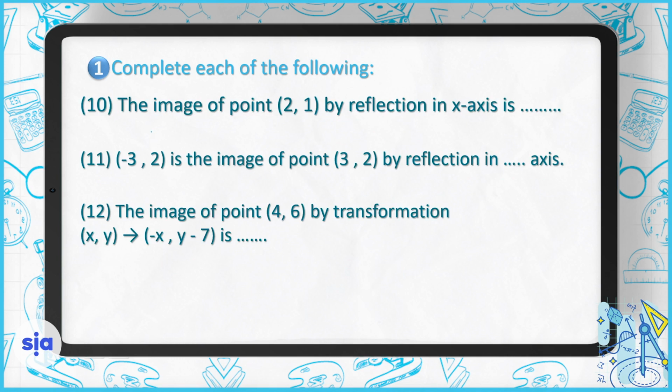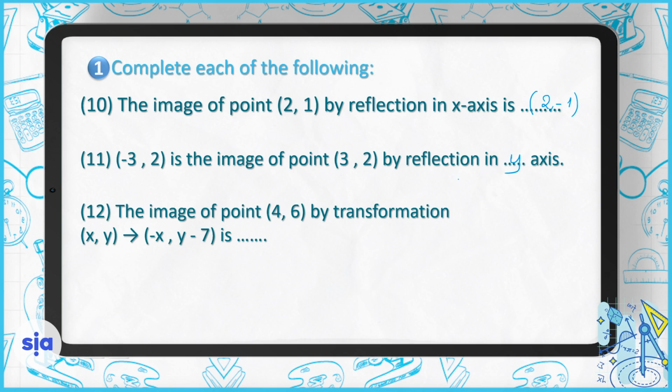The image of point 2, 1 by reflection in the x-axis is? Reflection in the x-axis, we change the sign of y, so it's 2, negative 1. Question 11. Negative 3, 2 is the image of the point 3, 2 by reflection in, here we change the sign of x, so the reflection in the y-axis.